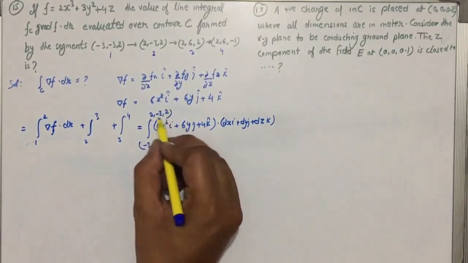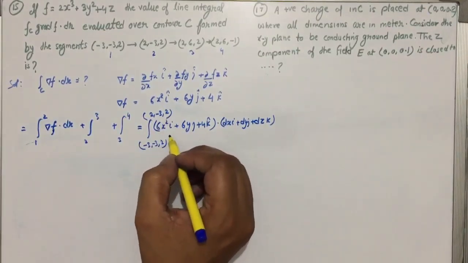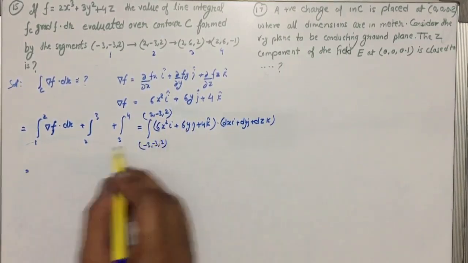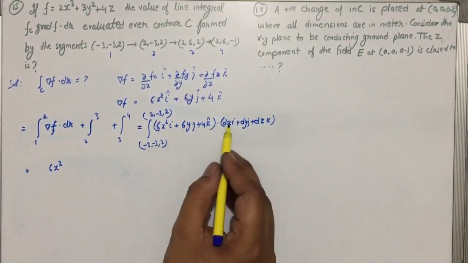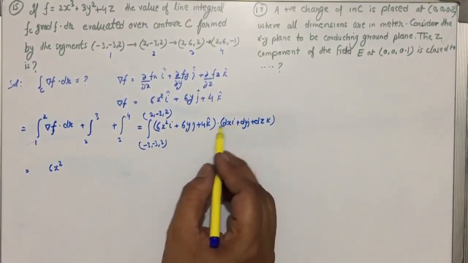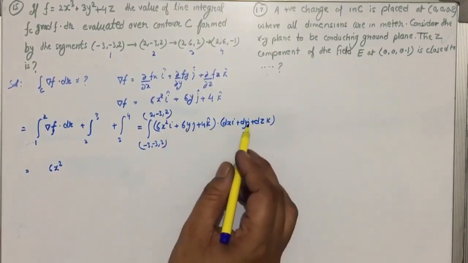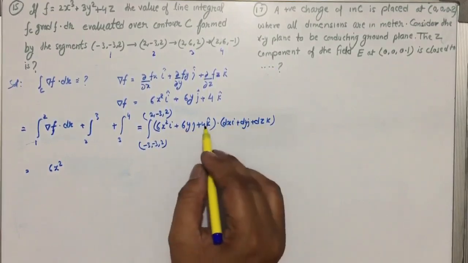The y coordinate and z coordinate remain as they are, only the variation is in x. So in the dot product, the x component gives 1 and the remaining are 0.